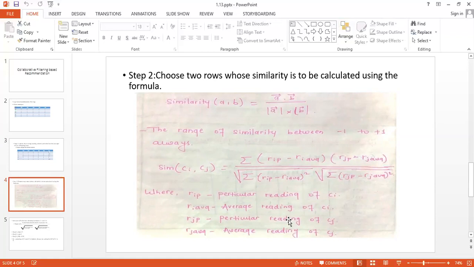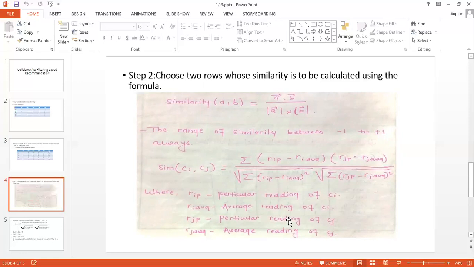Now, how is this formula elaborated? Similarity of Ci comma Cj, where every row contains some values. That's why here we have written Ci and Cj. So for every value, we have to take that value minus average, multiplied by the second row's first value minus its average. This will be our first term.